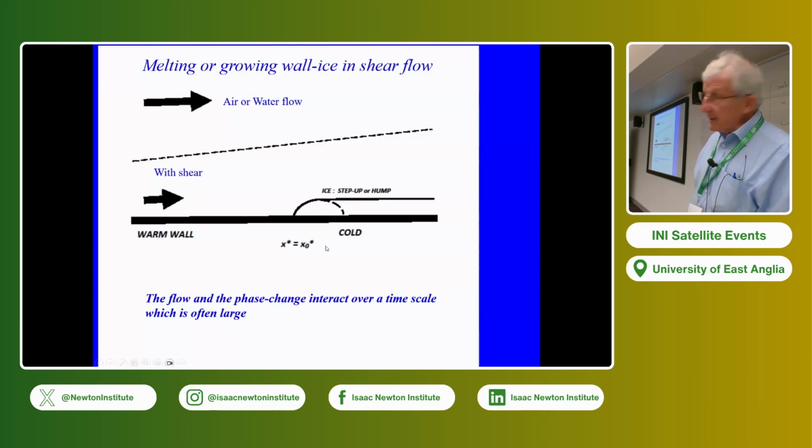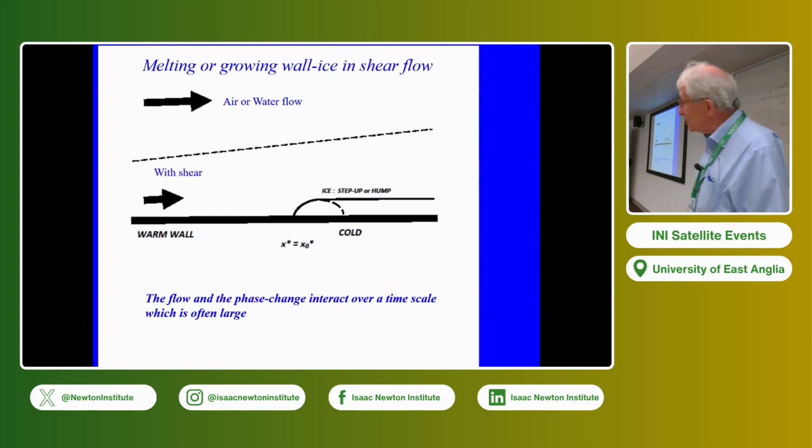And we're going to try to predict the shape of the ice, the interface, as time goes on. This will mostly be for melting, but in principle it could go on to the freezing application. In most applications here, the time scale is often relatively large, so we'll take advantage of that.